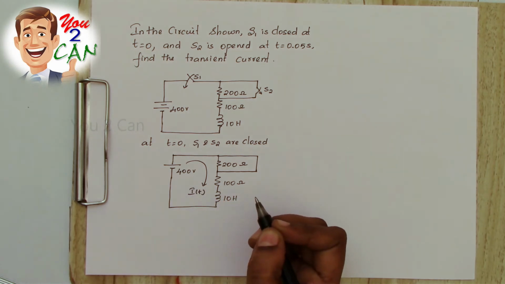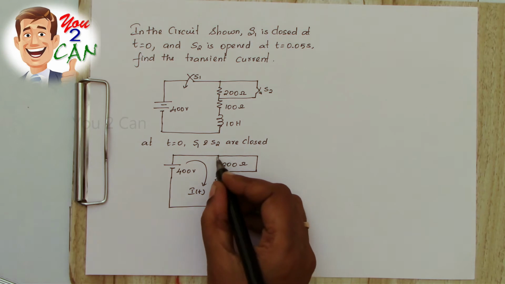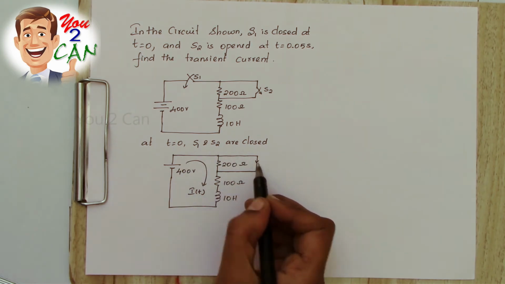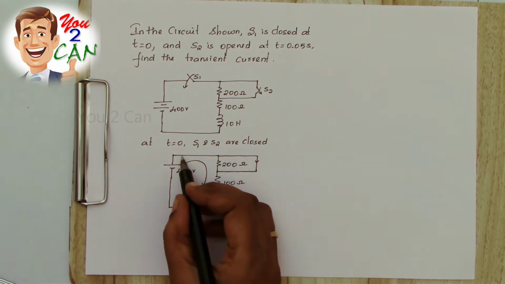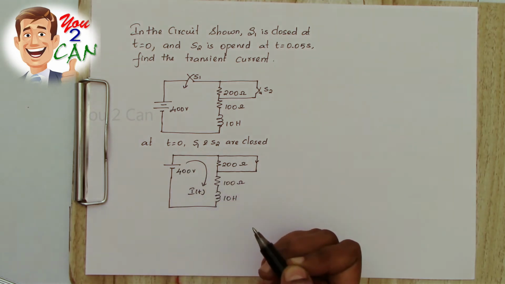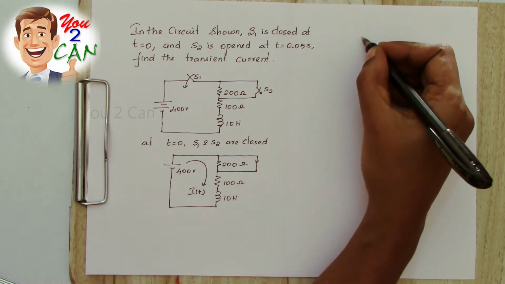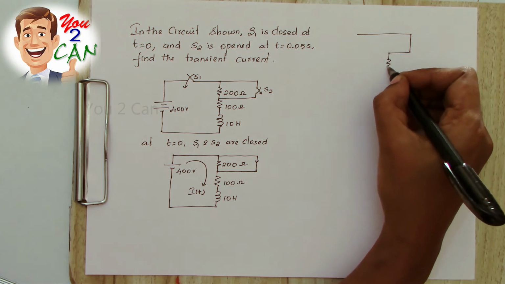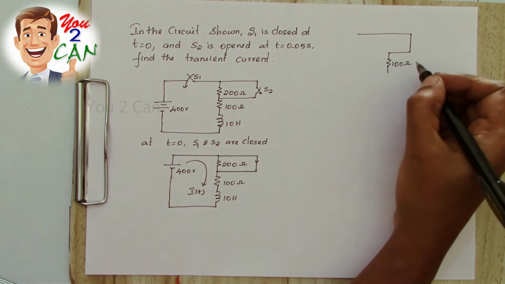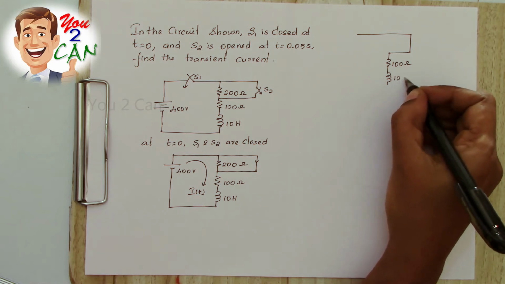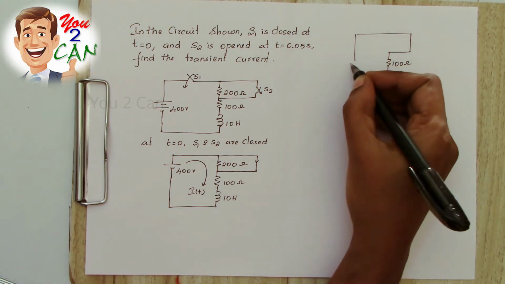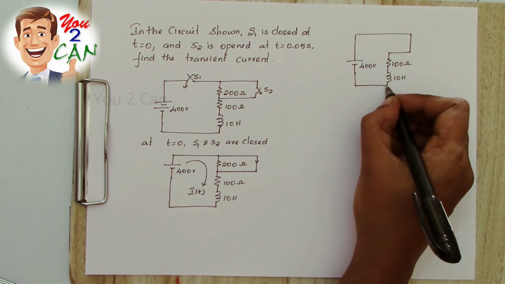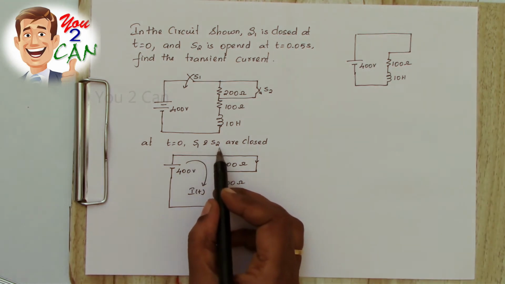Now this 200 ohm is shorted, so all the current flows through this path. So the 200 ohm is neglected, the current flows through this path only. So now the circuit becomes like this: 100 ohm, 10 Henry, excited by 400 volt. This is the circuit when both S1 and S2 are closed.